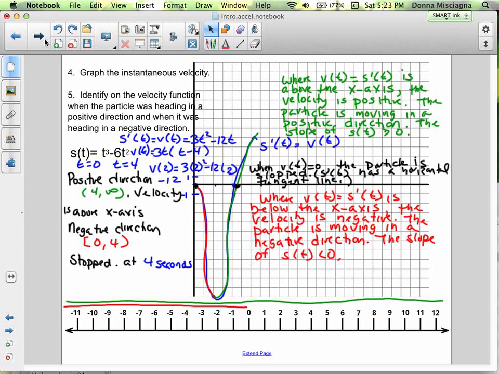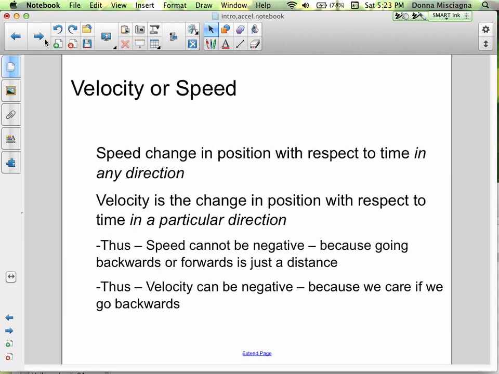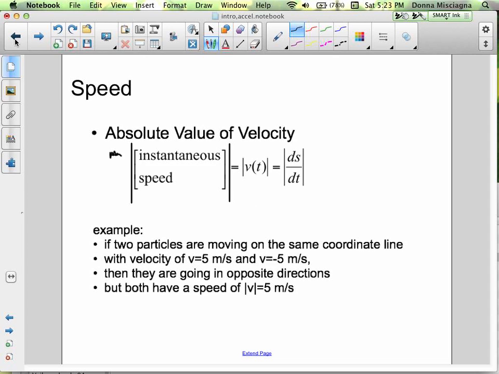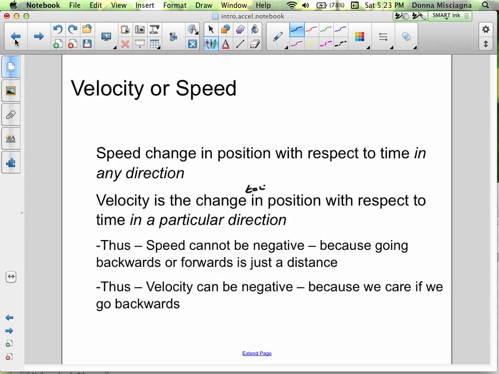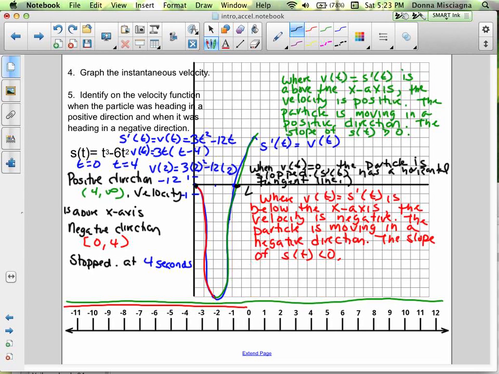Where we have an x-intercept right there, t equals 4. Okay, and here it hasn't started yet. It's at rest. So squeeze that in there. At rest. All right, we're going to look at one more thing.